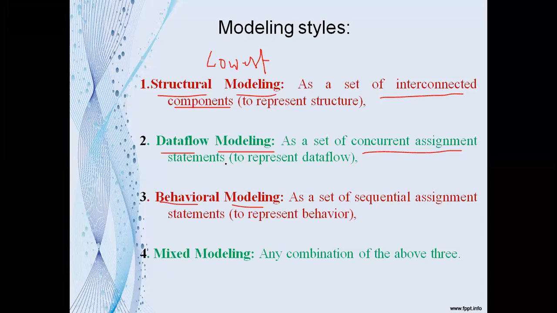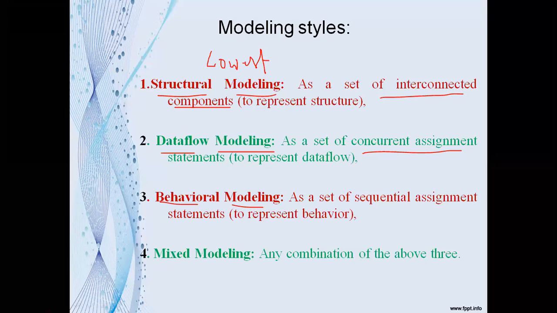They are simultaneously executed statements. If you have 2 or 3 concurrent statements, all the concurrent statements will be executed simultaneously. So data flow modeling describes the behavior of the system in terms of how the data is flowing from the input to the output.